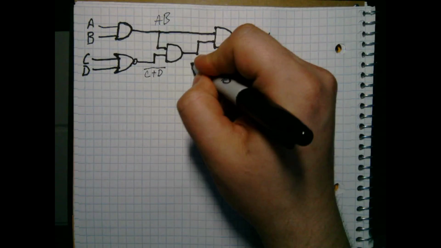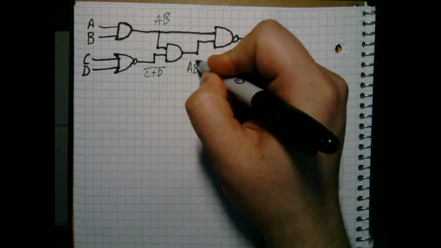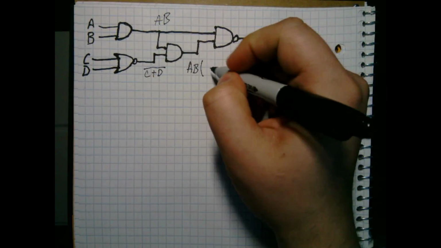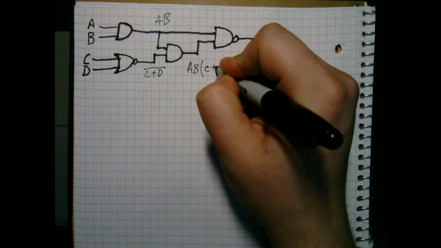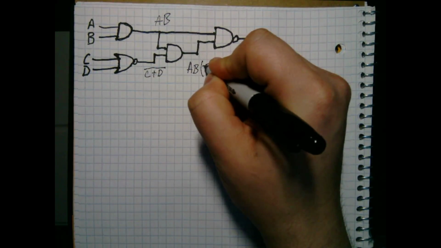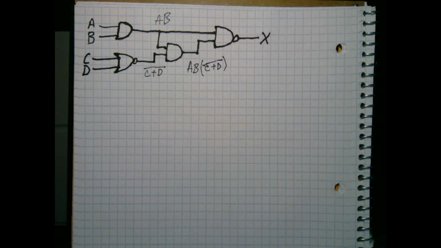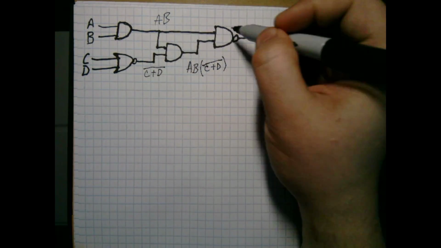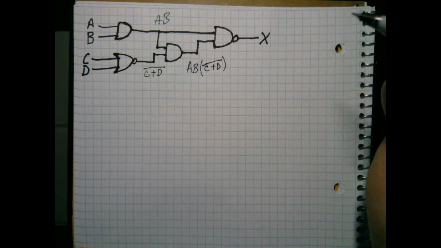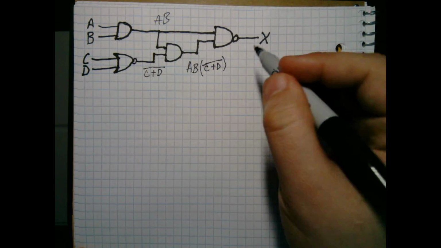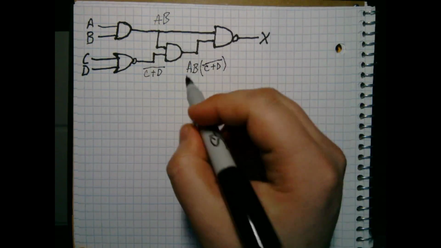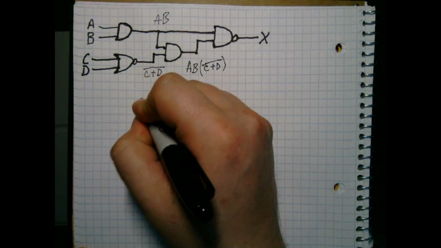A and B ANDed with C NORed with D. And then this final NAND gate is basically this quantity here. I'll rewrite it here, actually.